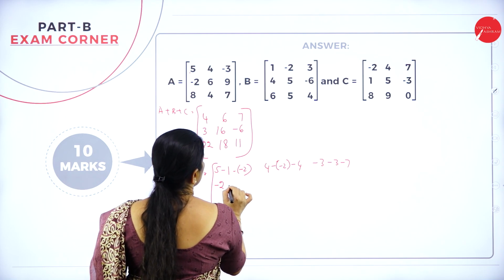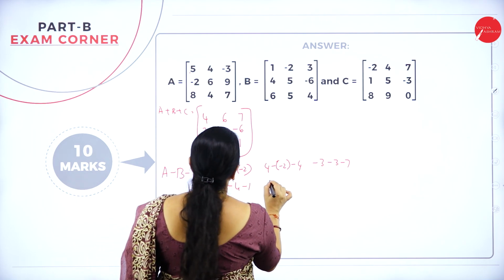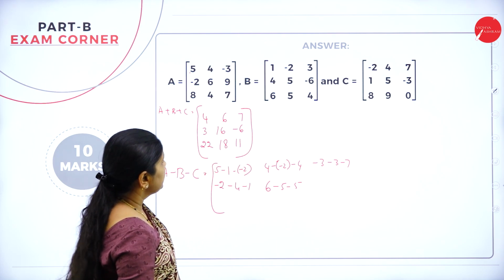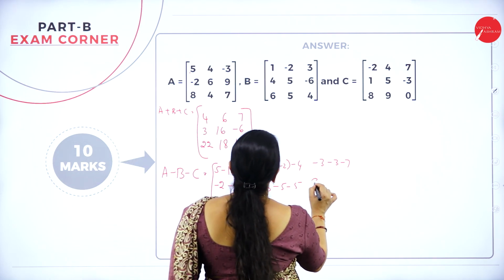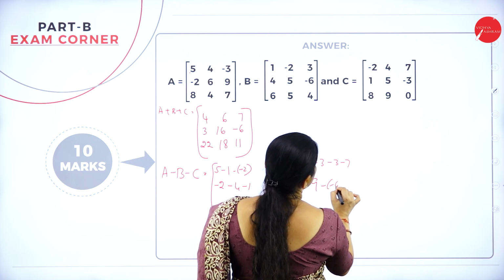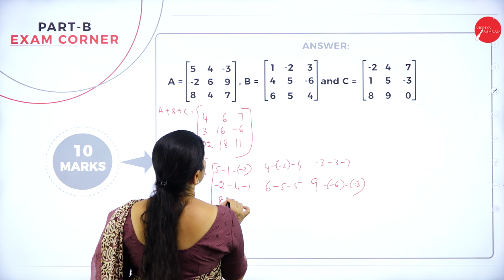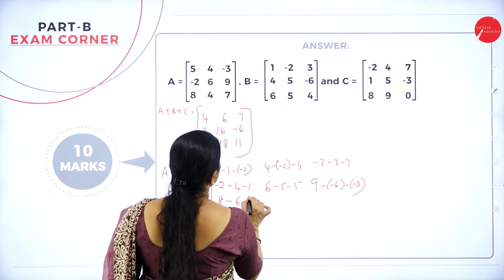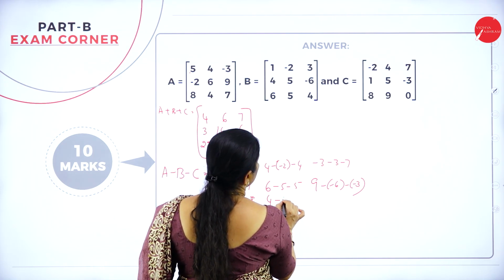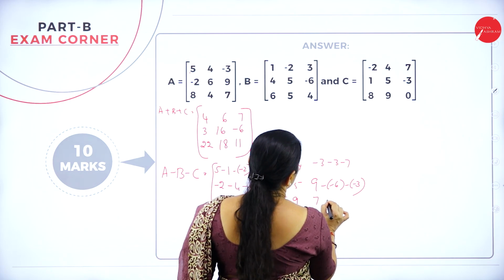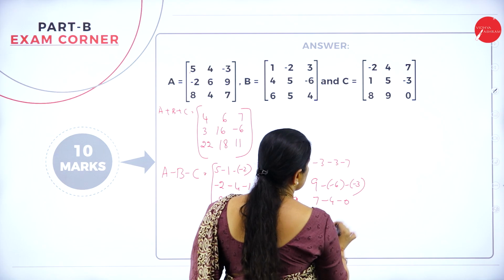So minus 2 minus 4 minus 1, 6 minus 5 minus 5. Then 9 minus of minus 6 minus of minus 3. Then 8 minus 6 minus 8, 4 minus 5 minus 9, 7 minus 4 minus 0.